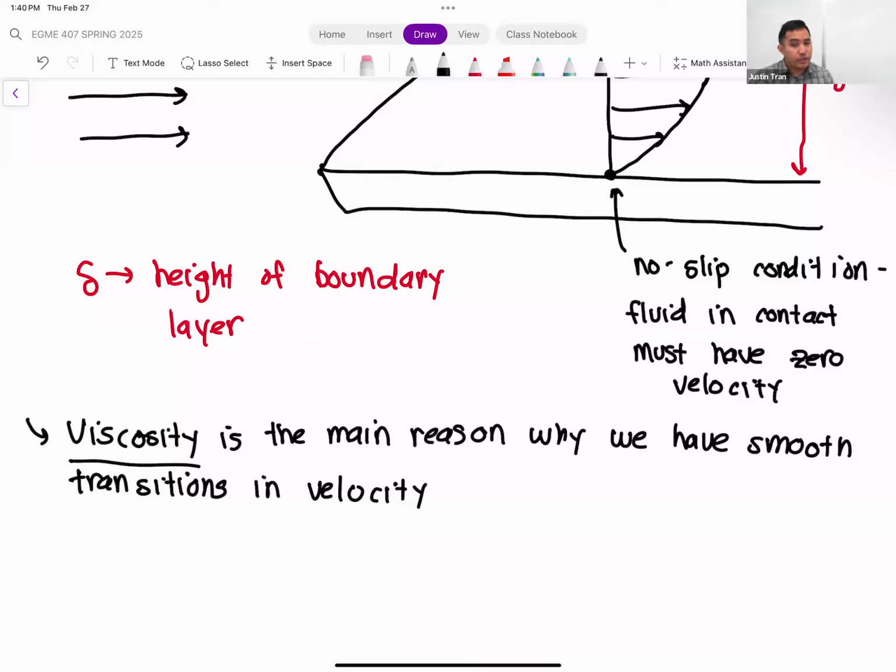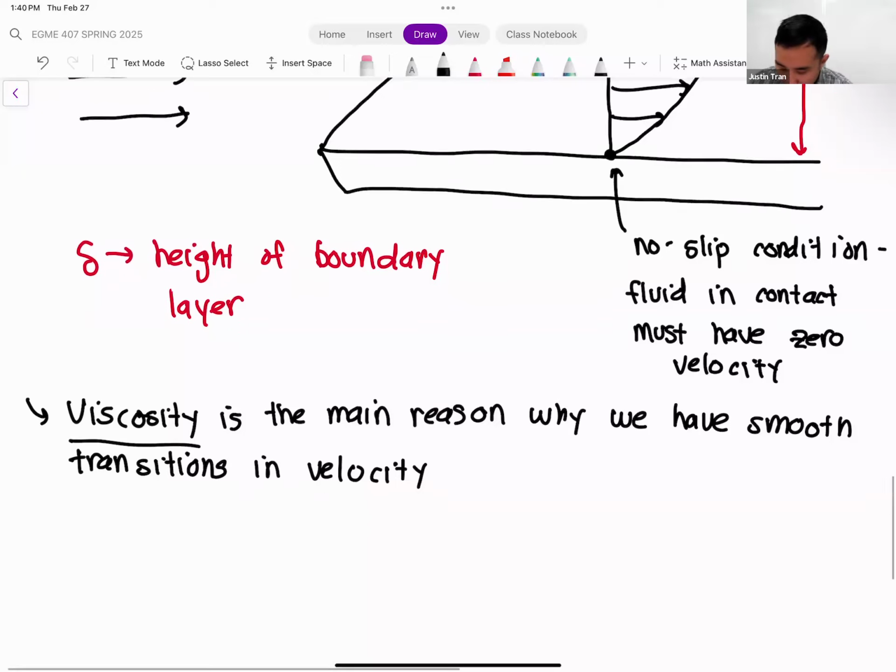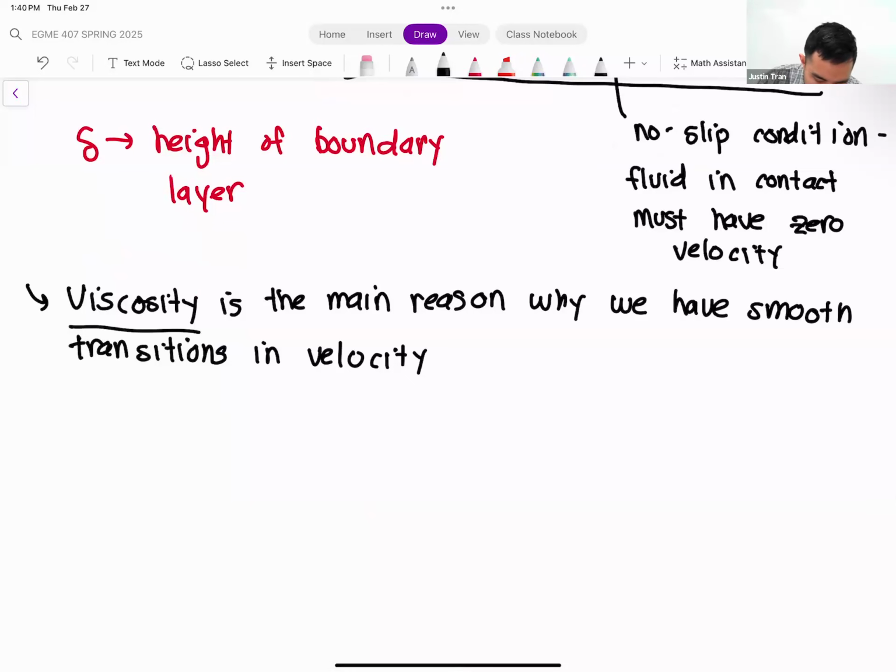That's true in general, not just in boundary layers: viscosity really helps to smooth these velocity distributions out. So let's remind ourselves what viscosity is.